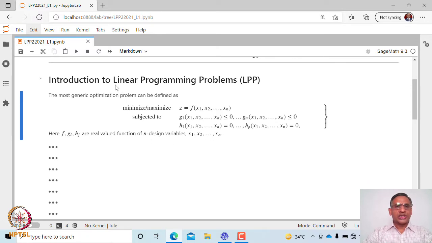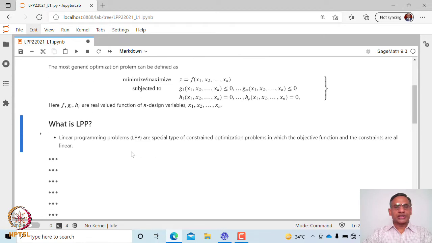Now, what is a linear programming problem? Linear programming problems are special types of optimization problem in which the objective function, that is z equal to f of x1, x2, xn, as well as all the constraints gi's and hj's are linear.